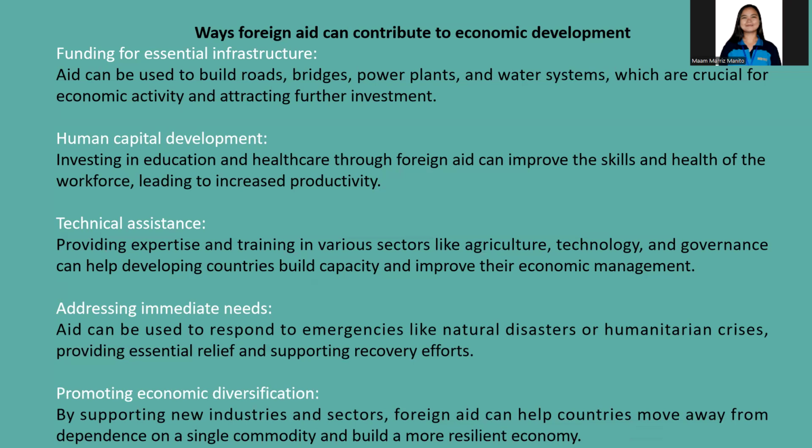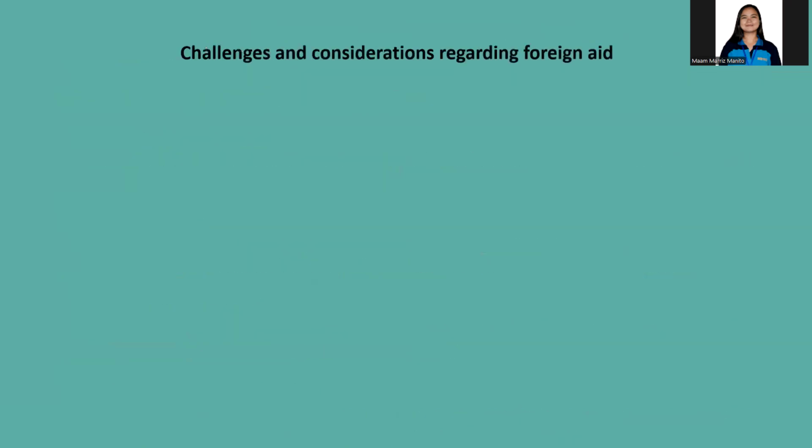But if you can produce different goods with high quality within the economy, it could help the economy to be more resilient, especially if there's a lack of supply. So that's promoting economic diversification. Those are ways, and there are lots of other ways. These are just some of the ways that foreign aid can contribute to economic development.